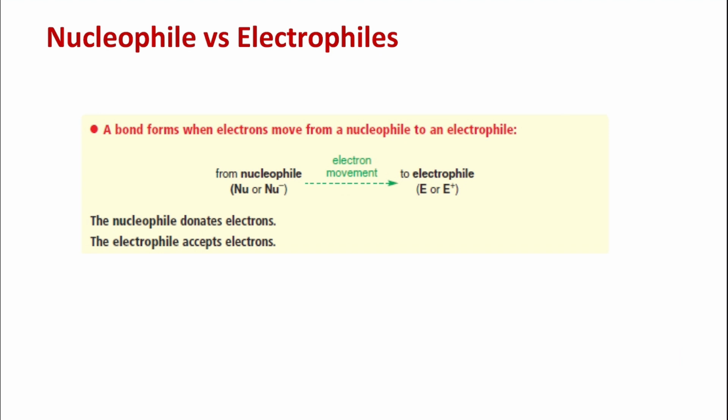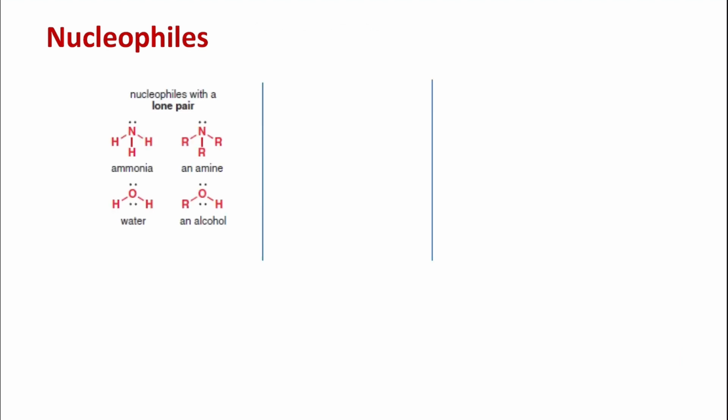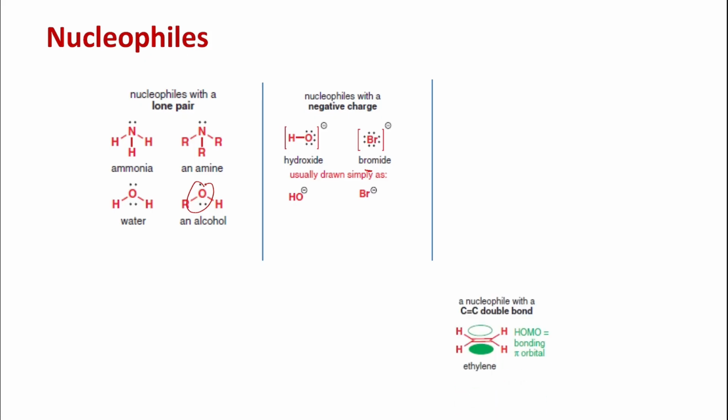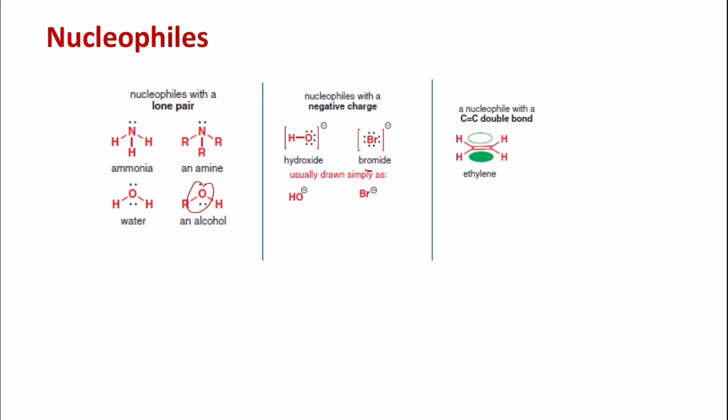Or it could be something with a negative charge, like the hydroxide ion or the bromide. Or it could be a carbon-carbon double bond. So alkenes with the carbon-carbon double bond act as nucleophiles. And the electrons will always move from these nucleophiles towards an electrophile or an electron deficient atom.